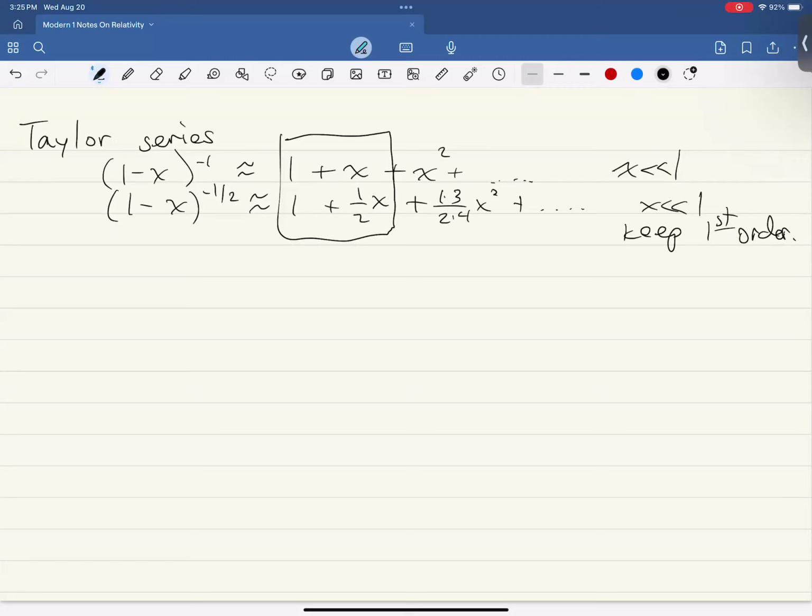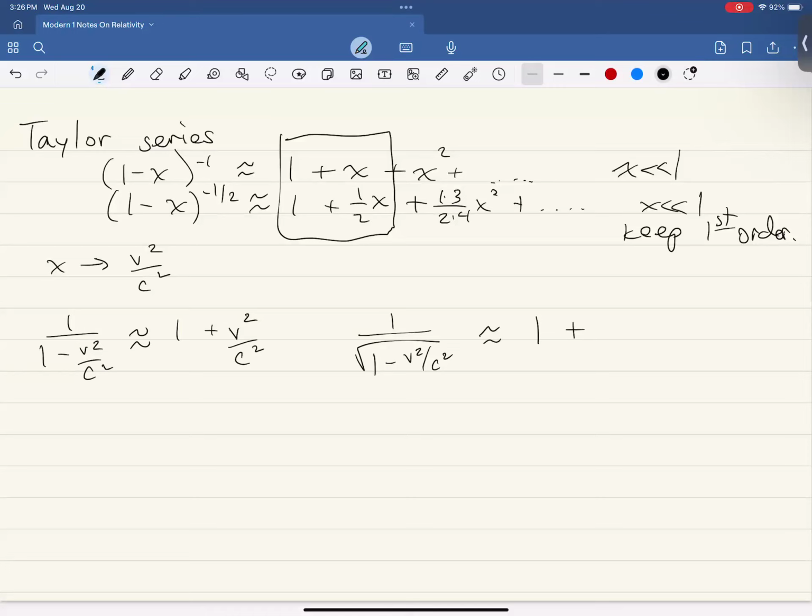Okay, so if I do that, then x is v squared over c squared. And so 1 over 1 minus v squared over c squared, I can say is approximately equal to 1 plus v squared over c squared. And then 1 over the square root of 1 minus v squared over c squared is approximately equal to 1 plus 1/2 v squared over c squared.